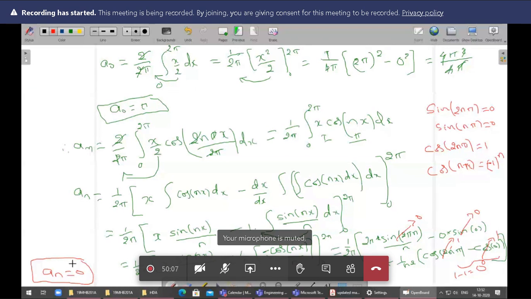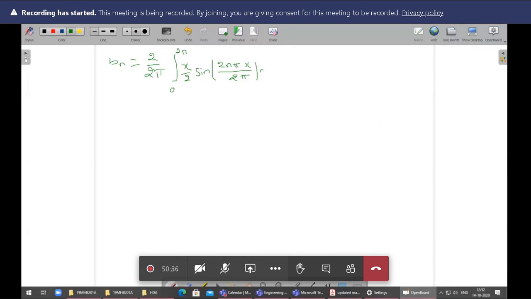So next I need to compute b n. So b n is again 2 by 2 pi, integration from 0 to 2 pi, f of x is x by 2 sin 2n pi x by 2 pi into dx.